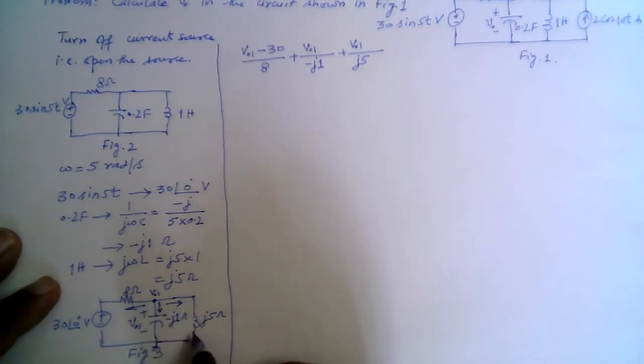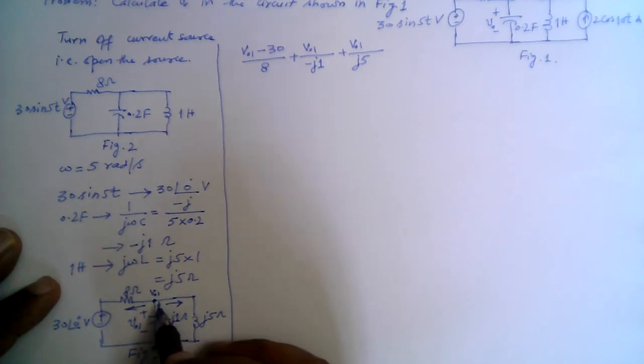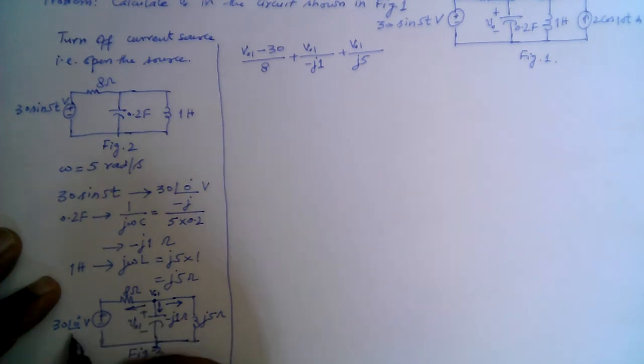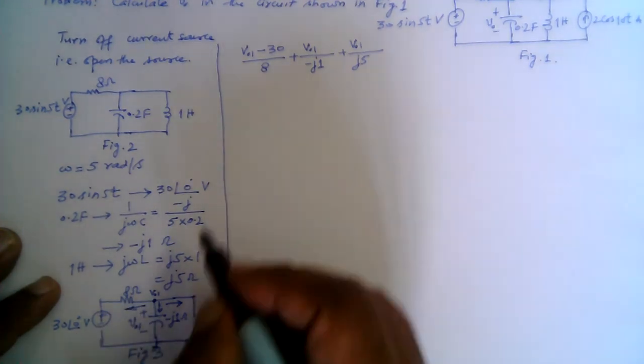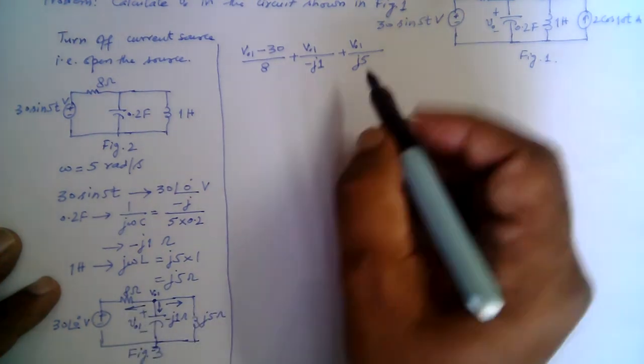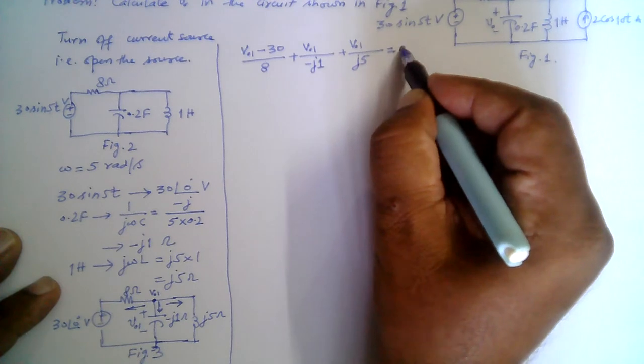The current through this is V01 divided by J5, and (V01 minus 0) divided by minus J1, and (V01 minus 30) divided by 8. So these are the three currents, right? Voltage divided by the impedance, voltage divided by the impedance. So the sum of these currents is 0.